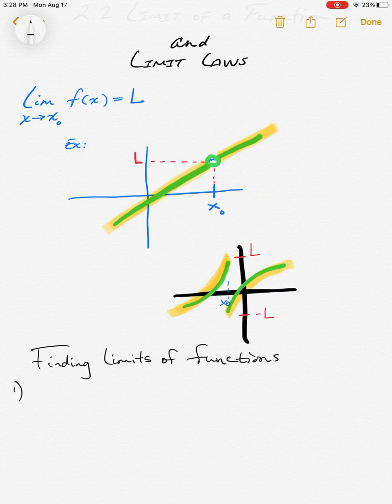All right, shortcuts. 1, plug in the value, and that value will be x naught. Some texts say x naught, some say c, whatever the constant is. Plug in that constant value and see if you get something that exists. If you get something that exists and it's finite, hey, you found your limit. If it doesn't work, try factoring.